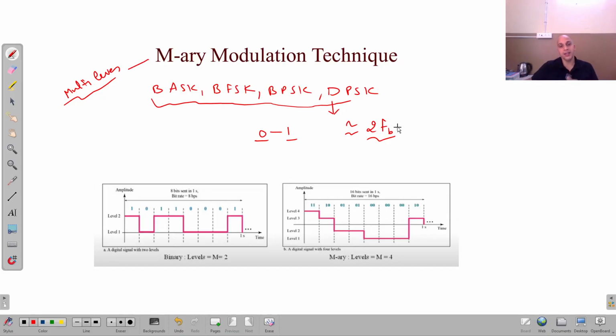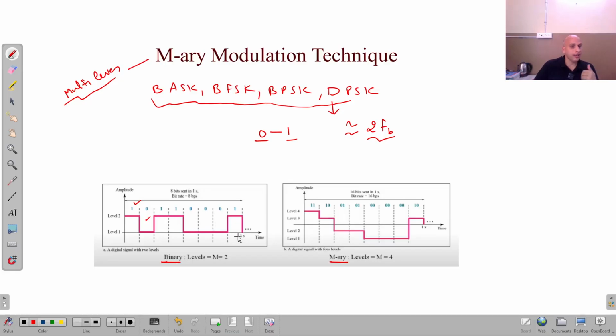Now you can see in this diagram, I am showing a binary shift keying technique and also an M-ary shift keying technique. In binary you can see that there are 2 levels, either 0 or 1. This is 1, this is a 0. So the information signal, the message signal, is encoded in this format.